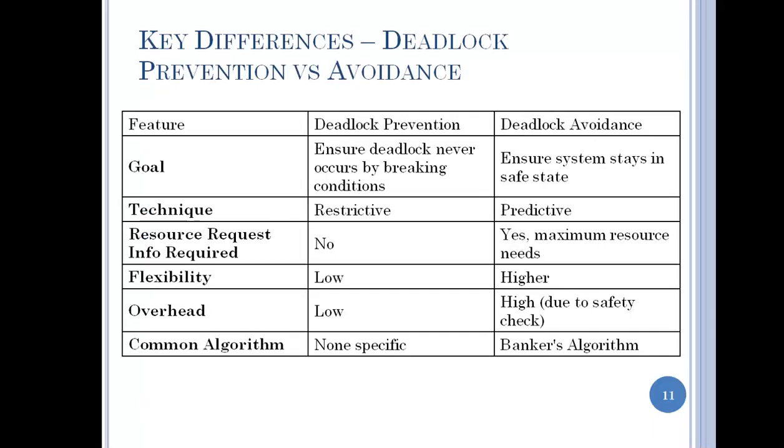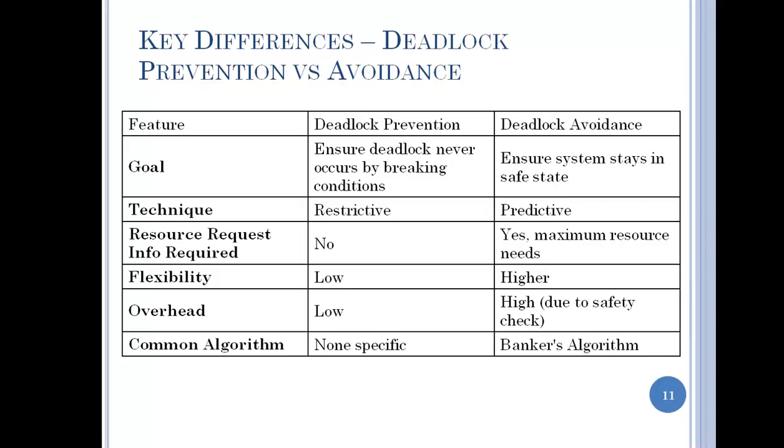This particular table will give you a clear difference between the deadlock prevention and deadlock avoidance concepts. The goal of deadlock prevention is to ensure deadlock never occurs by breaking a condition, and the goal of deadlock avoidance is to ensure the system stays in the safe state. The technique in deadlock prevention is restrictive and in deadlock avoidance is predictive.